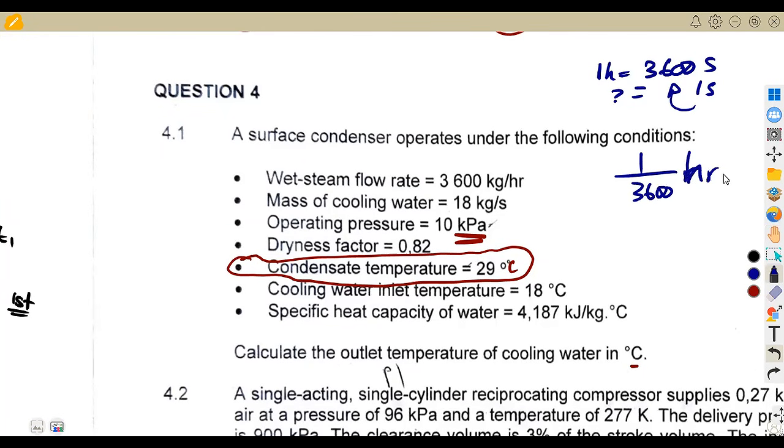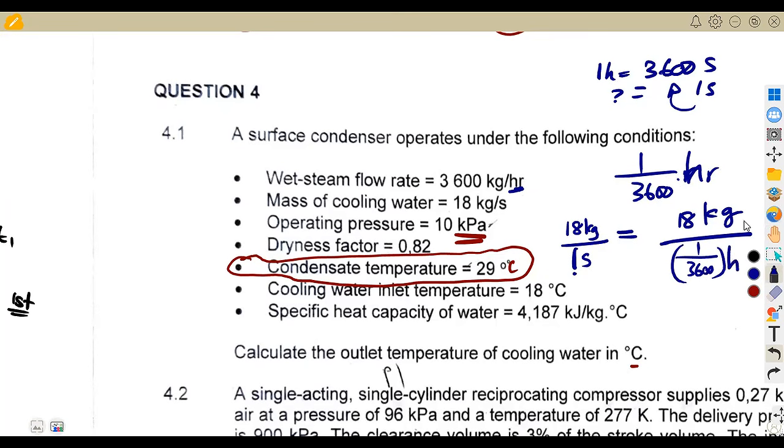So in order for you to convert, you're just going to divide by this, because you need kilogram per hour, guys. It means over an hour. Here we've got 18 kilogram over 1 second. So per hour, it means I'm going to have 18 kilograms over 1 second, in hours it's 1 over 3,600 hours.